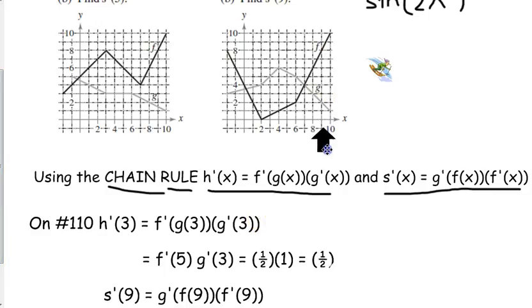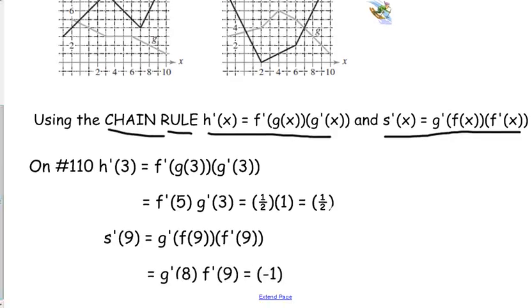If I come over here to 9, and I come up here, that seems to be up 2 over 1. So I think that's a slope of 2. Negative 1 times 2 is negative 2. That means that this entire process for the chain rule gives me negative 2 as the derivative of function s at the point 9. So you will be doing that on your homework.